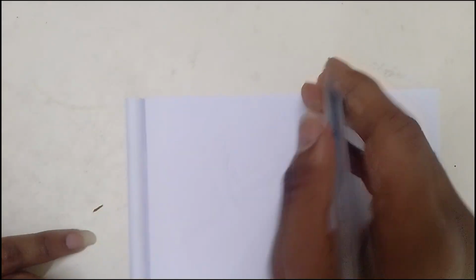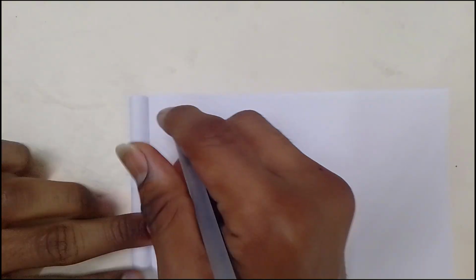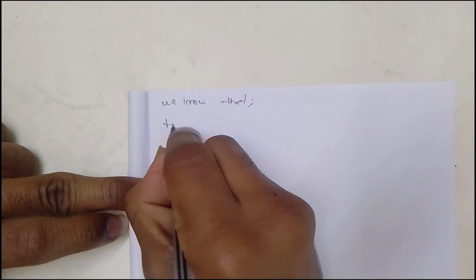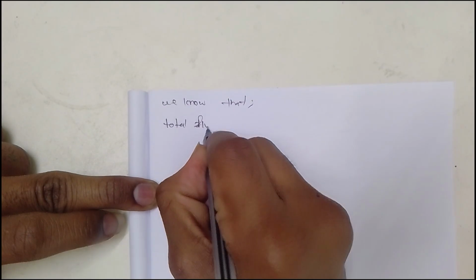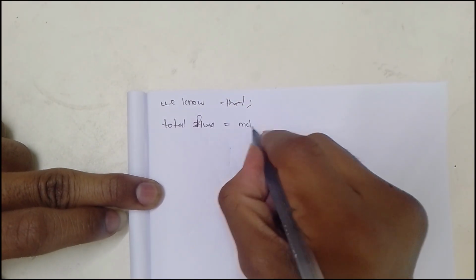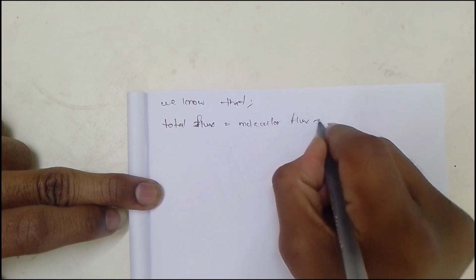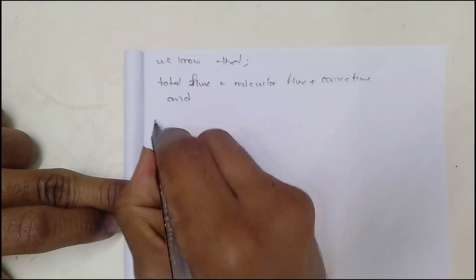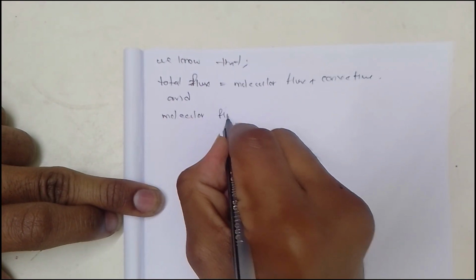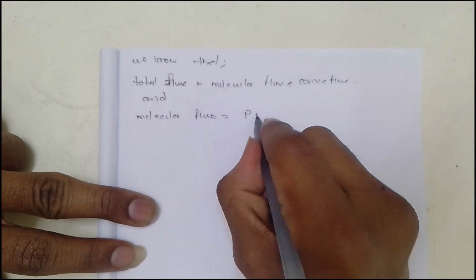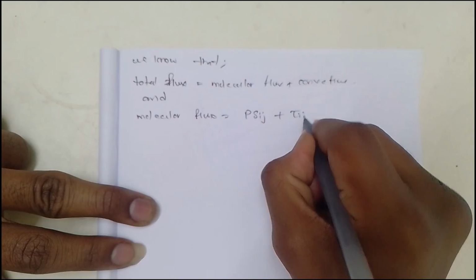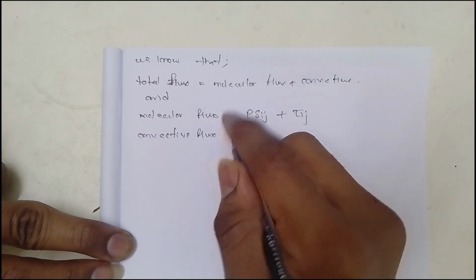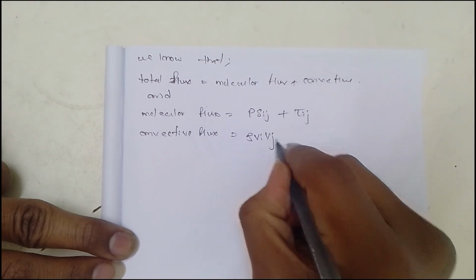We start our derivation with the total flux formula. We know that total flux is equal to molecular flux plus convective flux, and we know molecular flux is equal to pressure into delta ij plus tau ij, and convective flux is equal to rho Vi Vj.